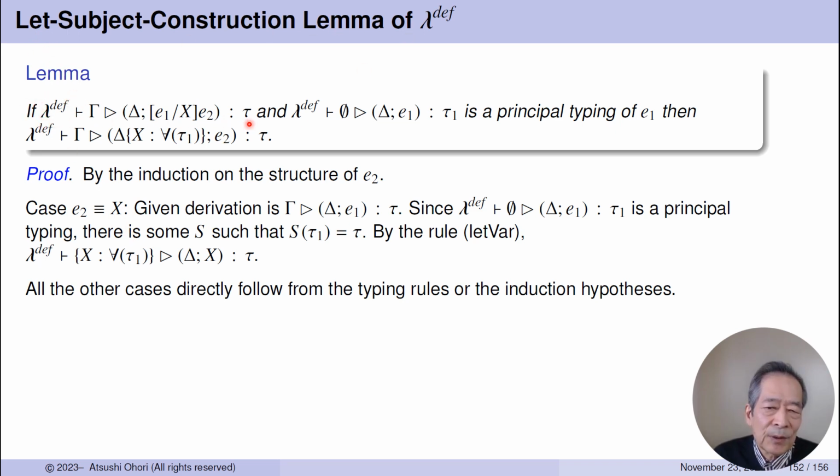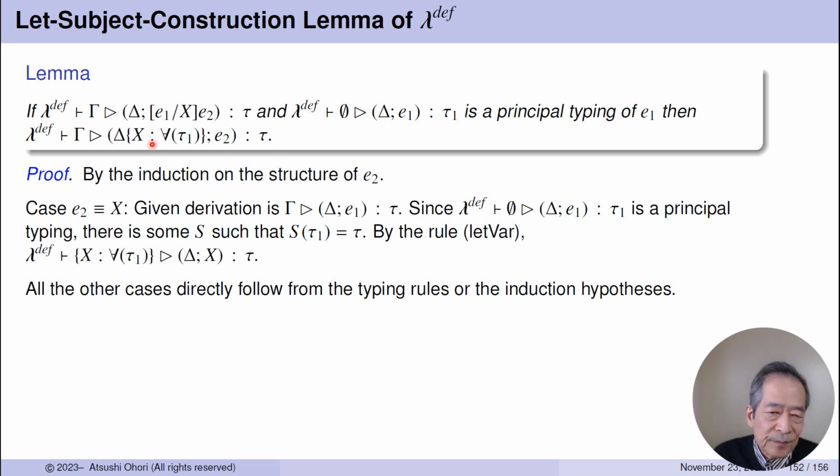Suppose you have a typing of this expanded term, replacing X with E1, and that expanded term has a typing, and also a principal type of E1, right?